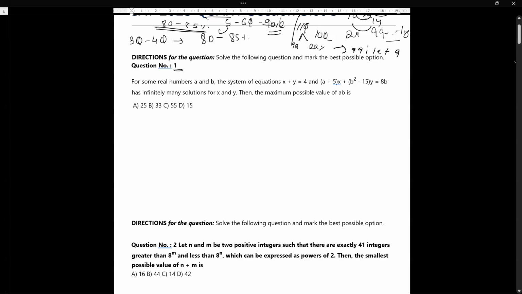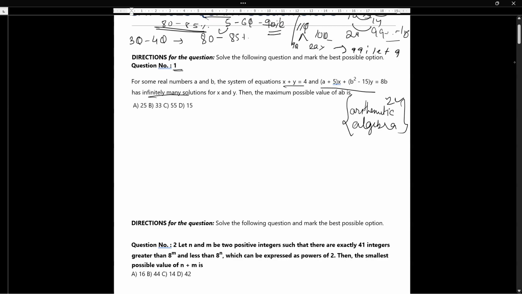Read the question. For some real numbers A and B, the system of equations, this and this, have infinitely many solutions. Now, most of the students consider arithmetic and algebra to be the most important sections in quant. Yes, they are the two most important sections in quant.